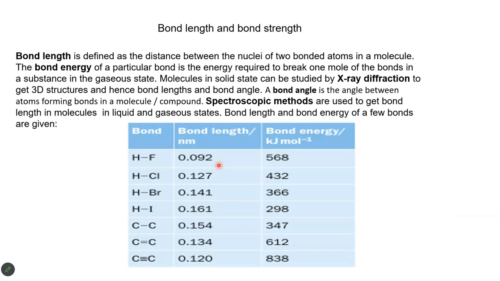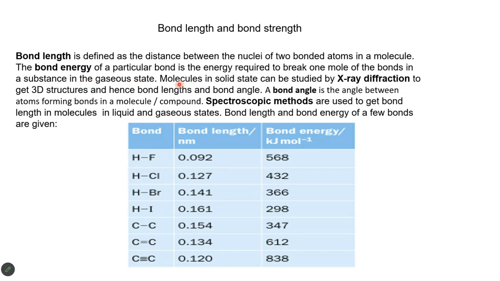Well, we are talking about bond length and bond strength now. What is bond length? Bond length is nothing but the distance between nuclei of two bonded atoms in a molecule. Bond energy is the energy required to break one mole of the bonds in a substance in the gaseous state.